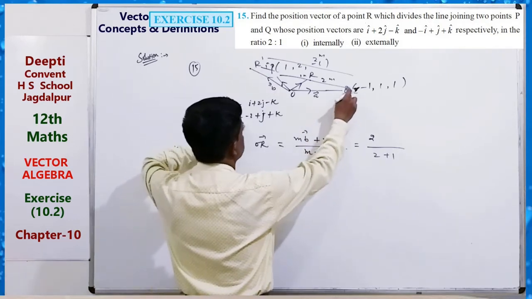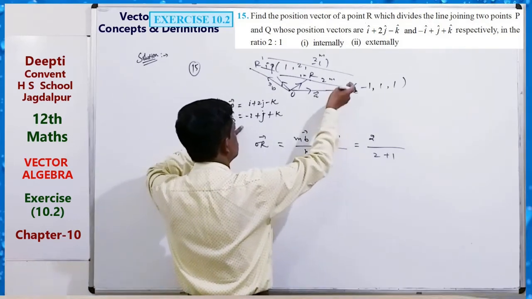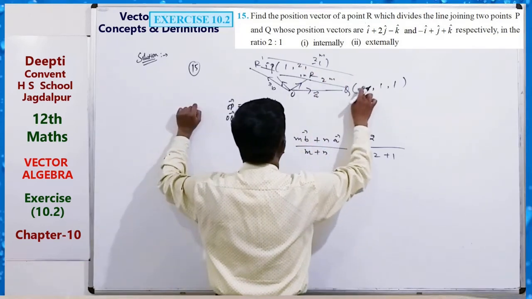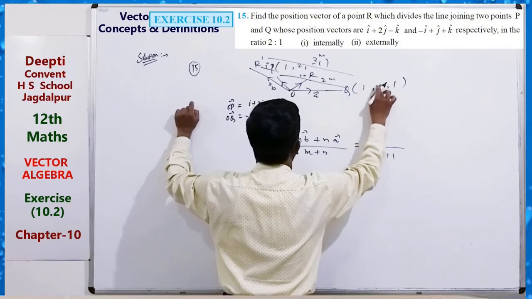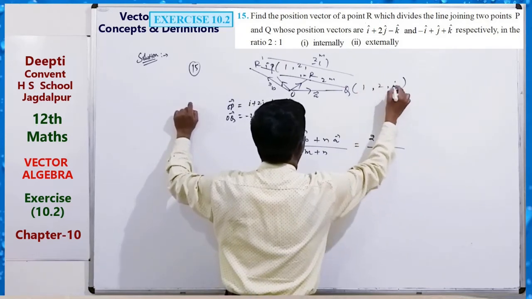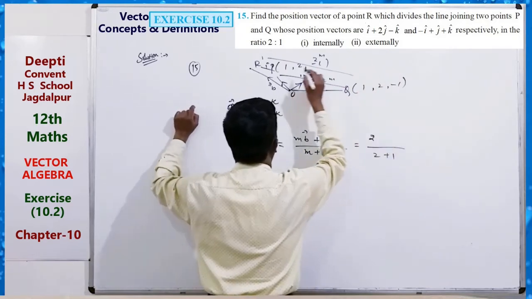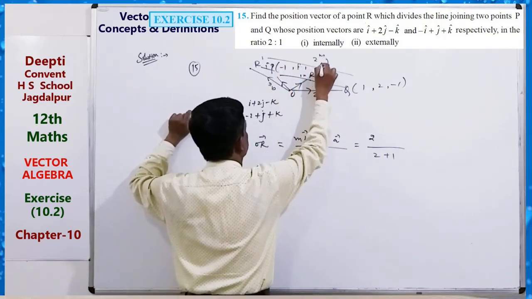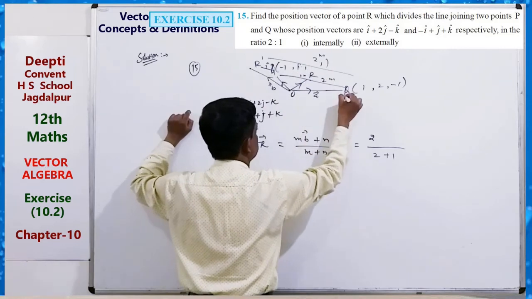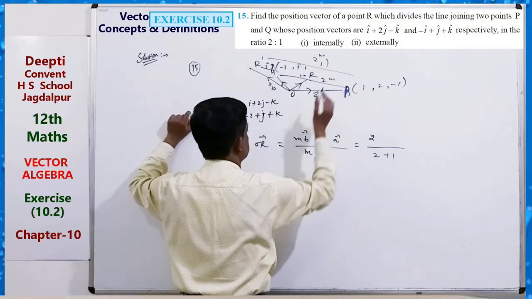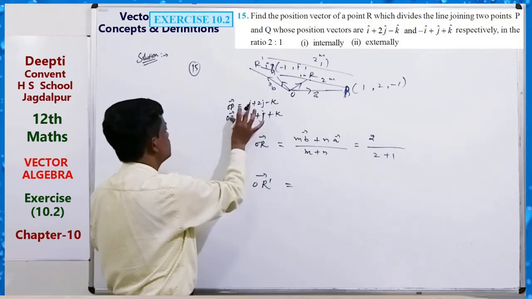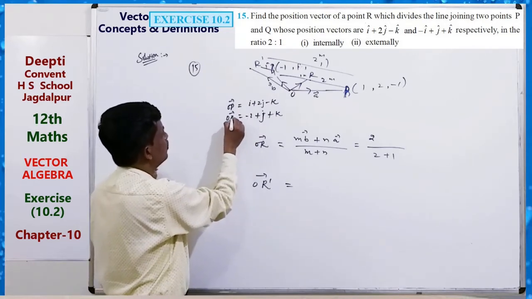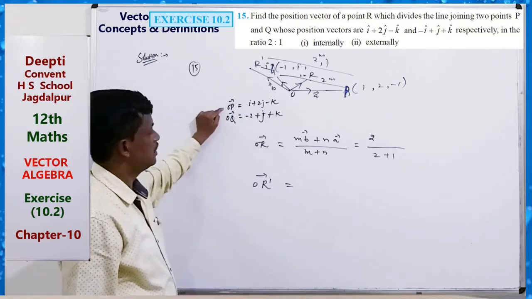Here P is here, Q is here, so just reverse it. Here minus i plus j plus k is Q and i plus 2j minus k is P. Clear?